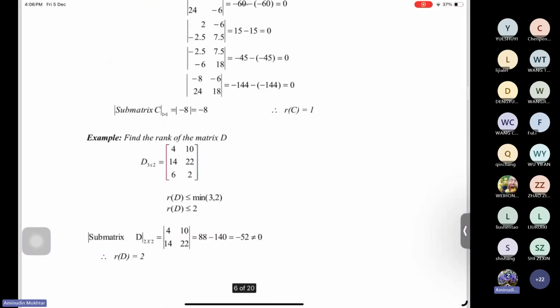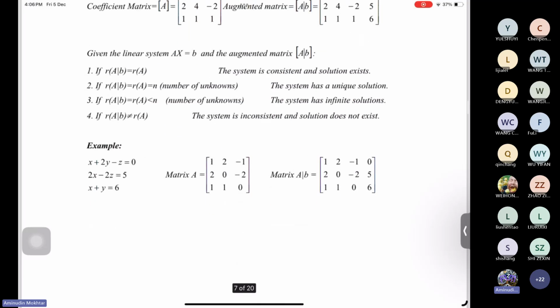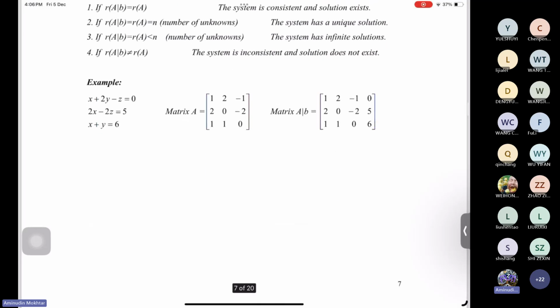I will show you how to find the solution of the system of equations, how to find the market equilibrium and so on by using the concept of matrix.